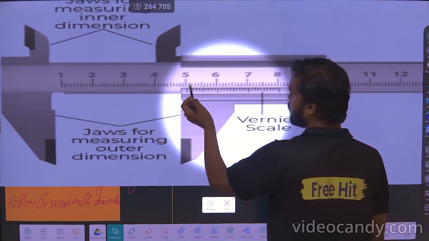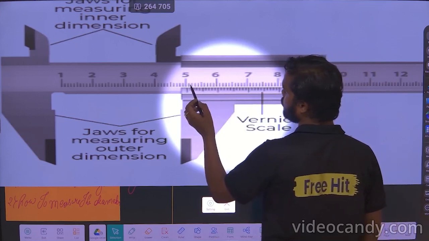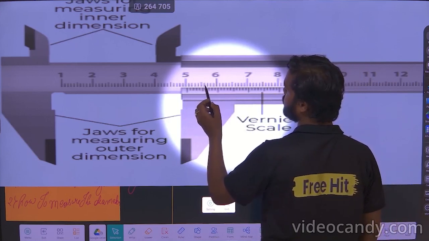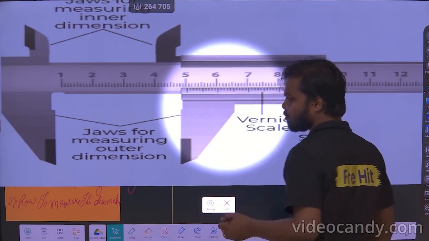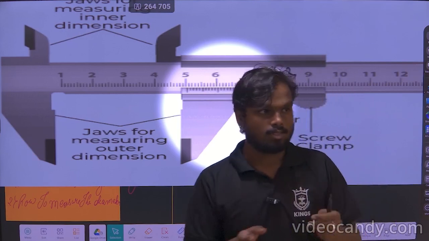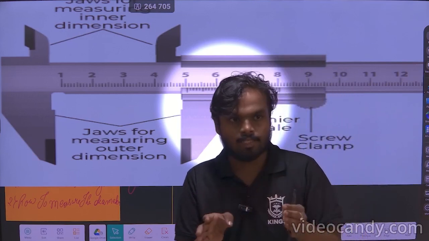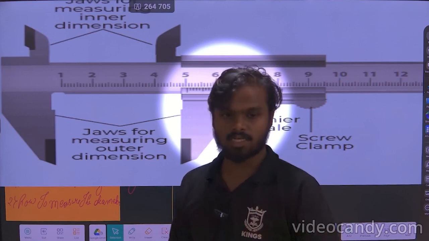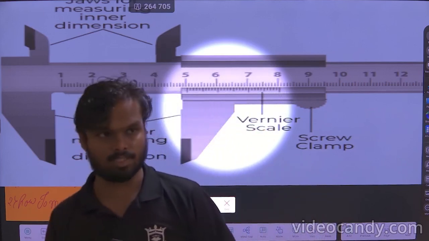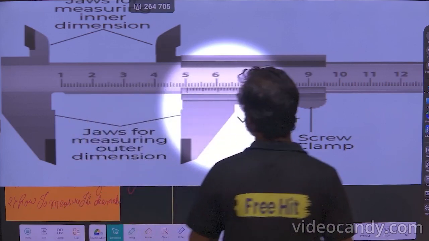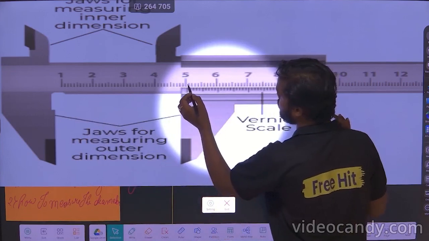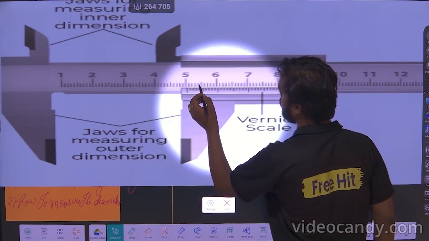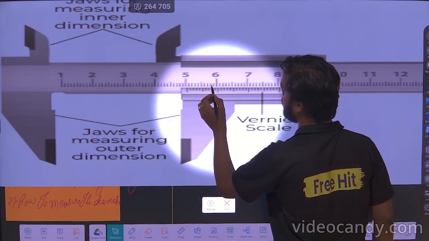Okay, now let's measure in vernier scale. 1, 2, 3, 4, 5, 6, 7, 8, 9, 10. So what we have seen, my main scale divisions are more than the vernier scale divisions. Suppose this is my 0, 1, 2, 3, 4, 5, 6, 7, 8, 9, 10.